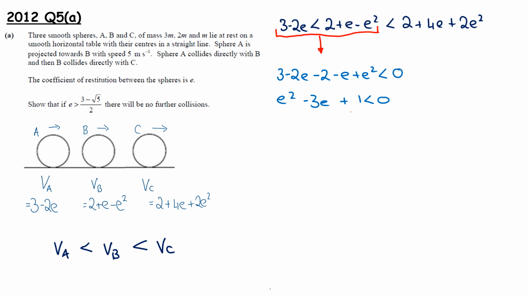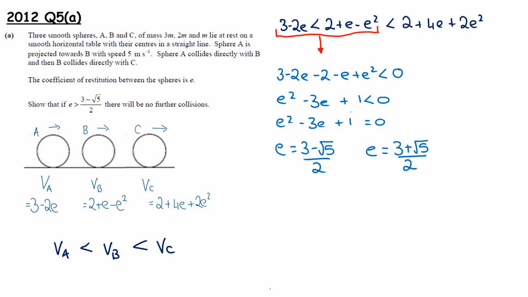So you should have hopefully covered quadratic inequalities in maths. First thing is to make it into an equation. We can only solve the equation and use those answers to help us. Actually, factorization here won't work. So instead, we're going to have to go to minus b. When we go to minus b, we're going to get e is equal to 3 minus root 5 over 2, and e is equal to 3 plus root 5 over 2.